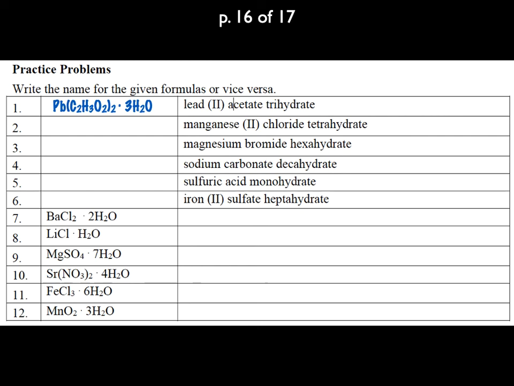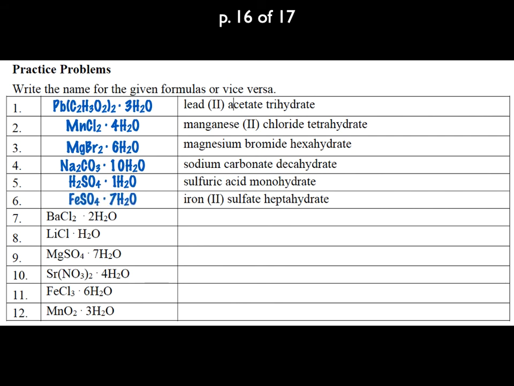Manganese 2 chloride tetrahydrate is MnCl2·4H2O. Magnesium bromide hexahydrate is MgBr2·6H2O. Sodium carbonate decahydrate is Na2CO3·10H2O. Sulfuric acid monohydrate is H2SO4·1H2O.